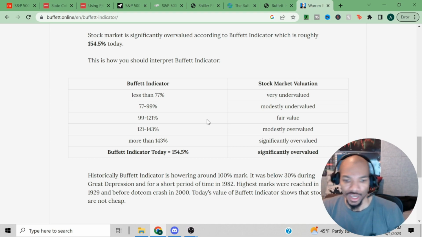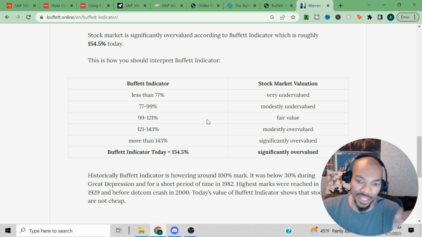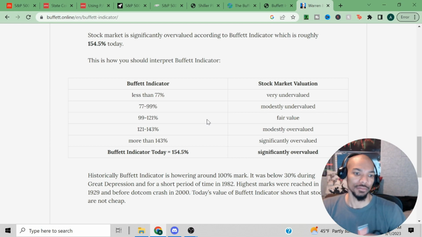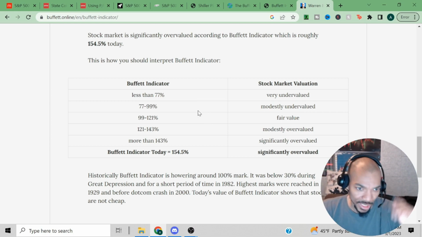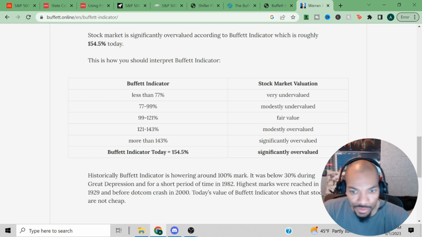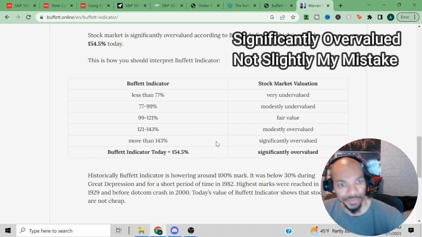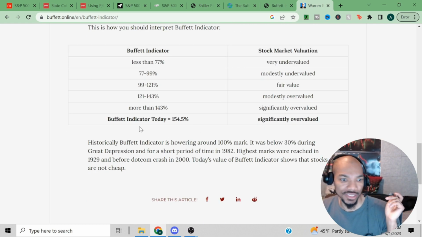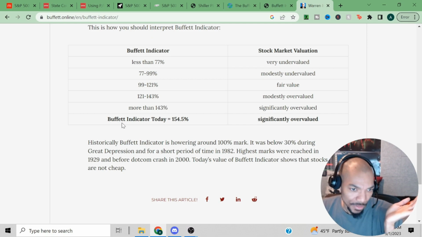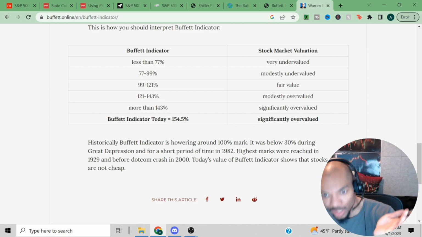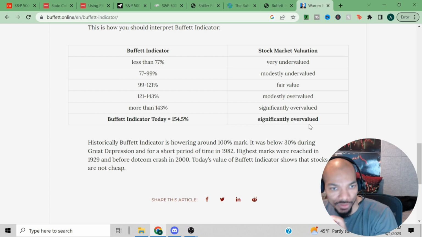Buffett made a statement back in 2001 that 121 to 143 is moderately overvalued, and more than 143 is significantly overvalued. The Buffett indicator today is 154, so it would be significantly overvalued.